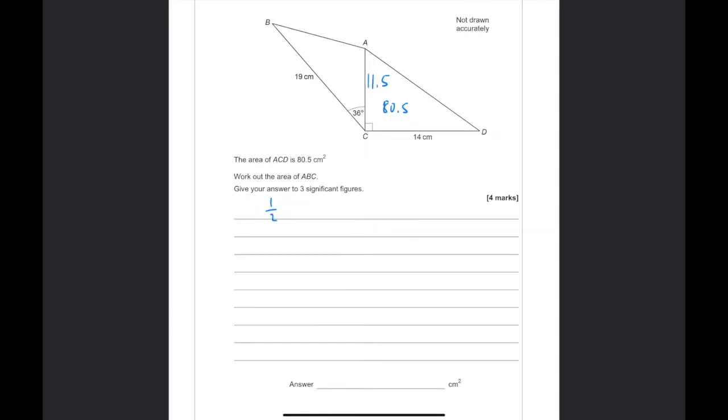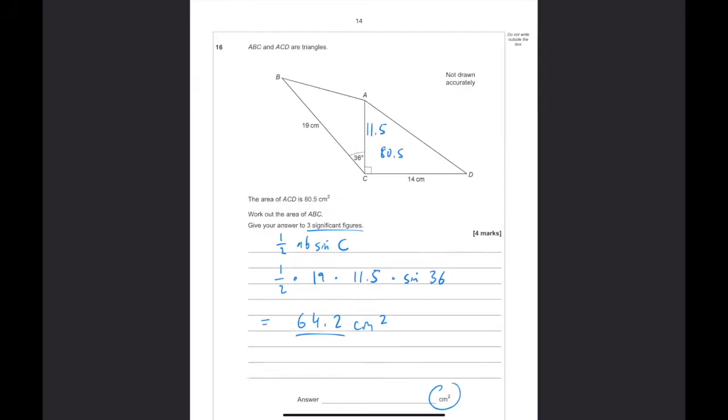Now, if we do half ab sin C, where a is 19 and b is 11.5, and our angle C is the 36, we can do half lots of 19 times 11.5 times sine of 36. And this is a calculator paper, so if we pop it into the calculator, we get a value of 64.2 to 3 significant figures. And that will be centimeters squared, even though it already gives you it.